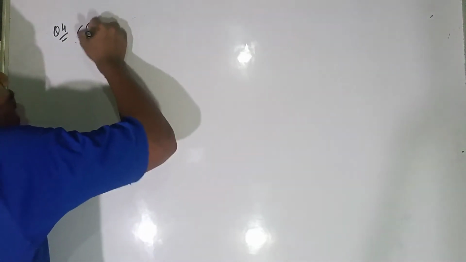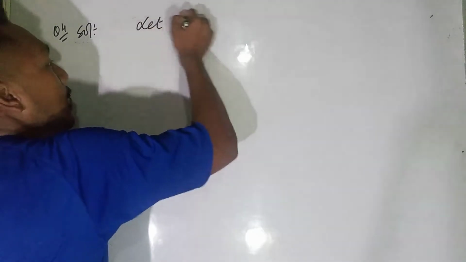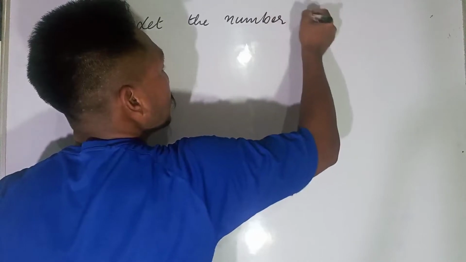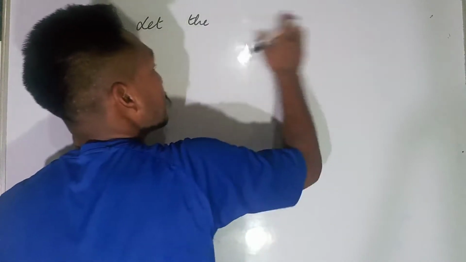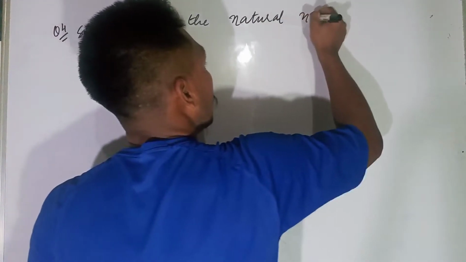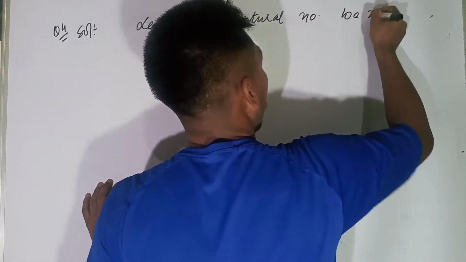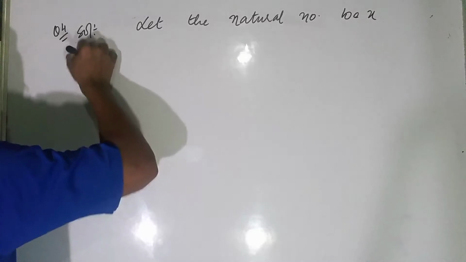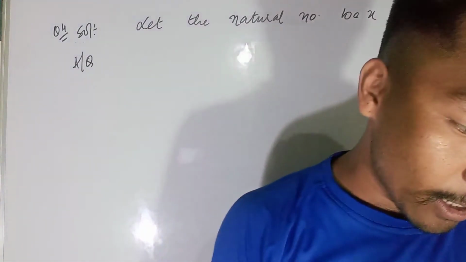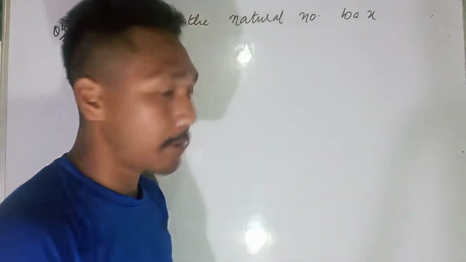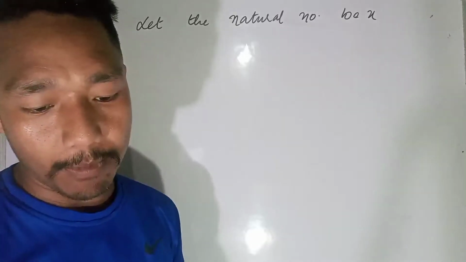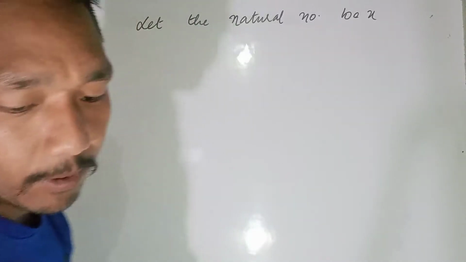So, solution: let the natural number be x. According to the question, what is said? Okay, the natural number is 5 times another number.